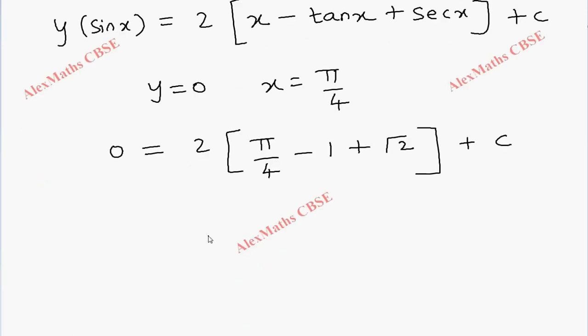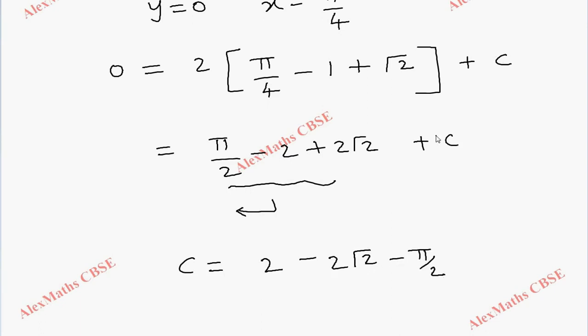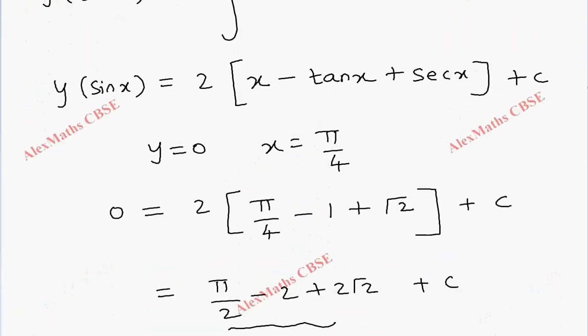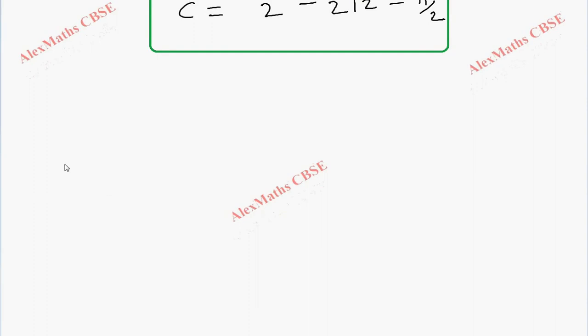By multiplying this 2 inside, we get pi by 2 minus 2 plus 2 root 2, plus c. By taking all these terms to the other side, c becomes, this 2 becomes positive, minus 2 root 2 minus pi by 2. The c value we have to substitute in this general solution to get the particular solution. So we are going to write once again everything as it is, y into sin x.